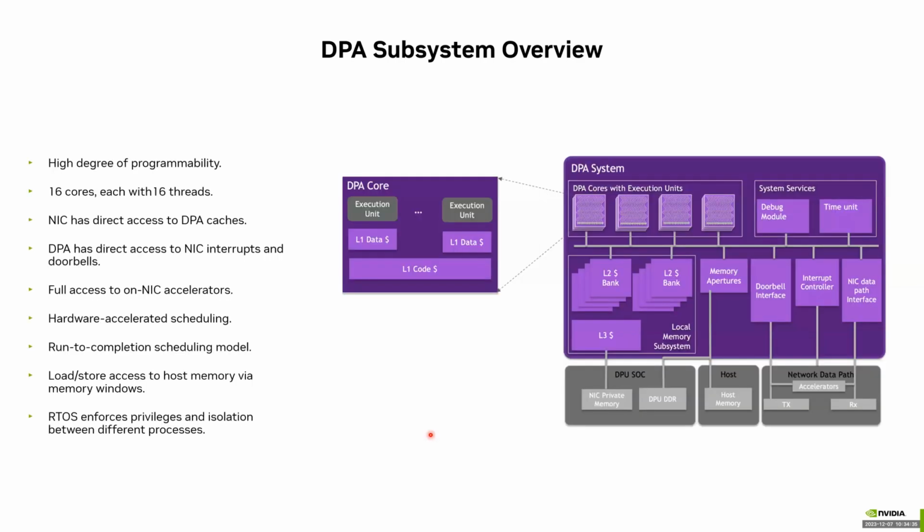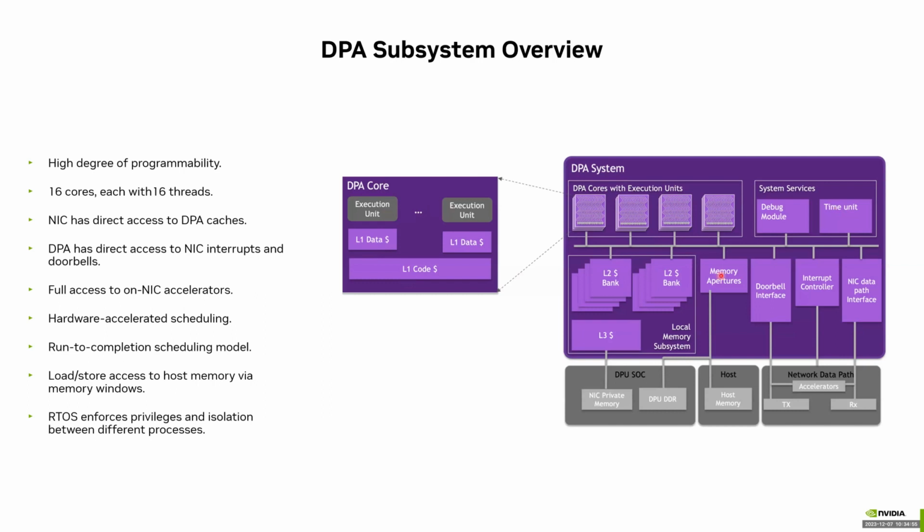So if we look a bit more into the DPA architecture, we see that we have 16 total cores, and each core has 16 threads. Each thread has its own L1 data, and they share the L1 code. At that point, all cores share L2 and L3.